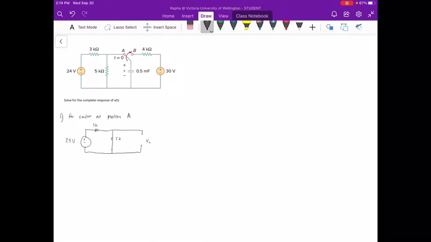So we have two resistors here, but our capacitor voltage VC is actually equal to the voltage across the 5 kilo ohm resistor. In order to solve that, we need to do voltage division. So VC is equal to 24 volts, the main voltage source, times 5k, over 5k plus 3k, and our VC is equal to 15 volts.